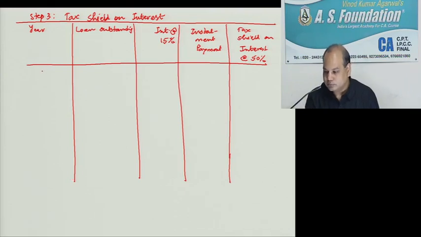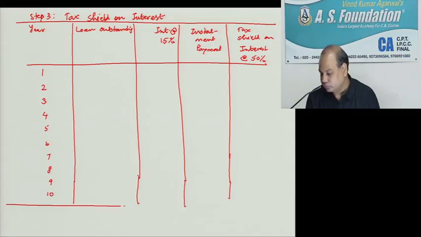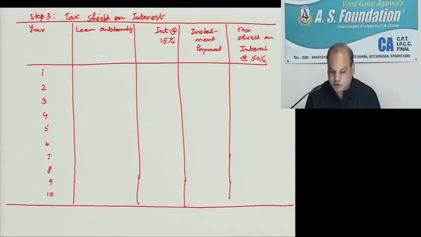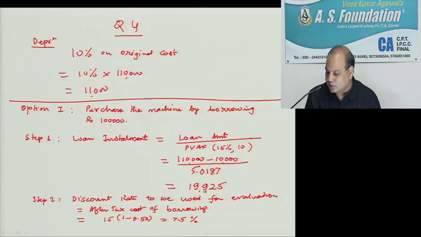Start year 1, 2, 3, 4, 5, 6, 7, 8, 9, 10. What is the loan amount? 1 lakh. I'll give you one line only, then remaining you have to complete. Interest is how much? 15,000. And installment is this number, 19,925.